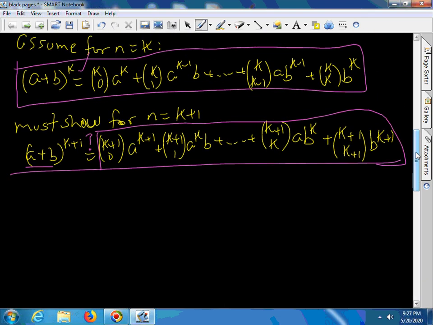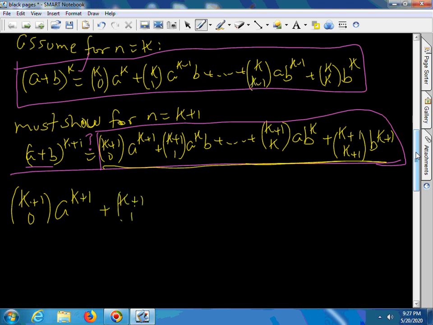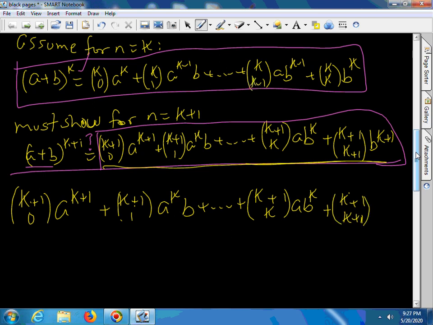Alright, so now, like I said, we're going to start with this. Okay, so k plus 1 choose 0 times a to the k plus 1, plus k plus 1 choose 1 times a to the k times b, all the way down to k plus 1 choose k times a b to the k, plus k plus 1 choose k plus 1 times b to the k plus 1.